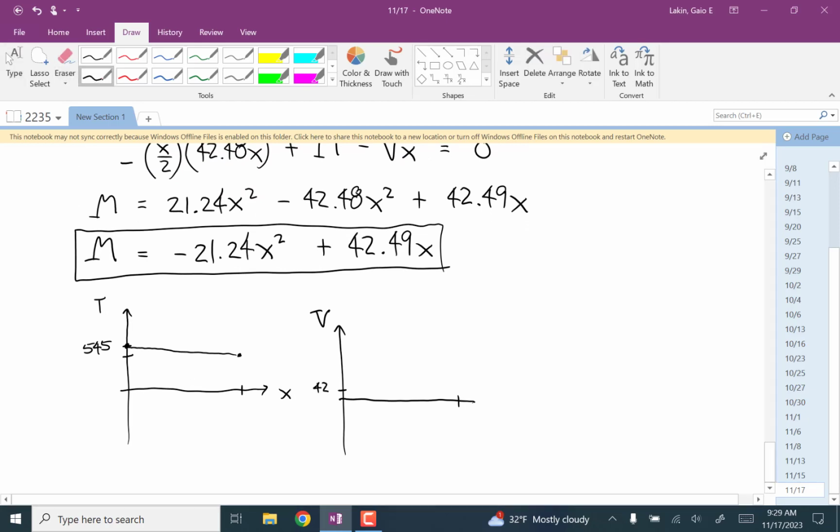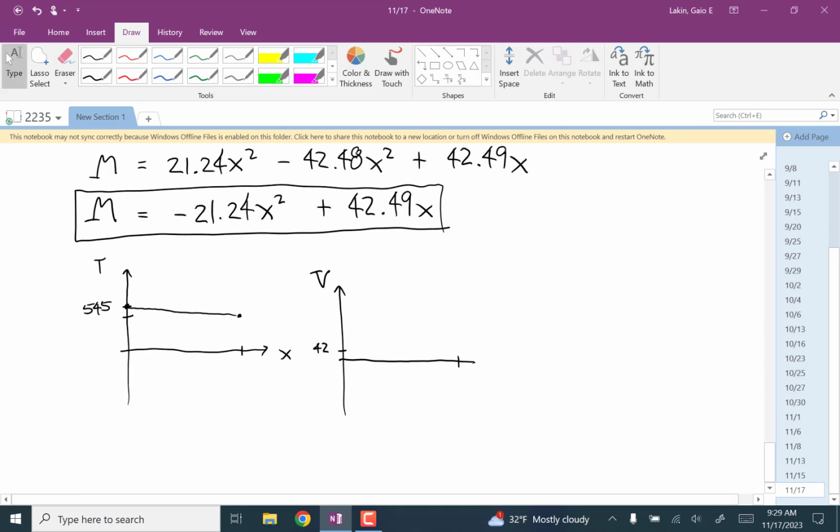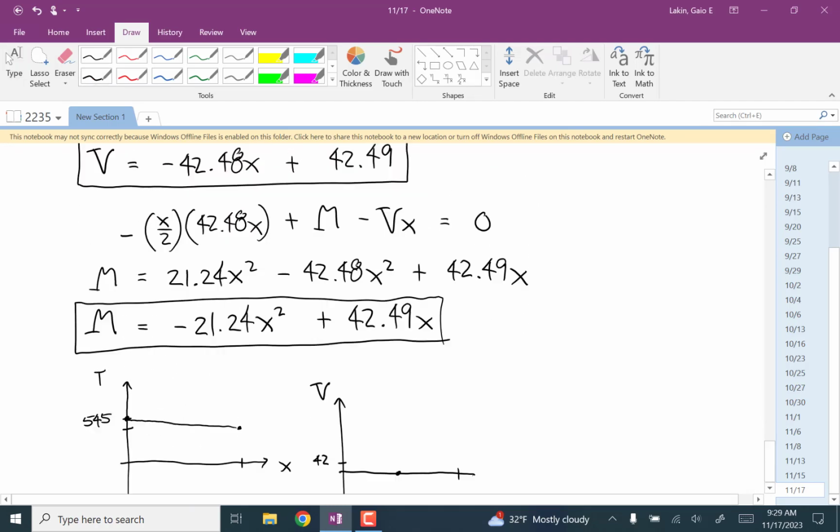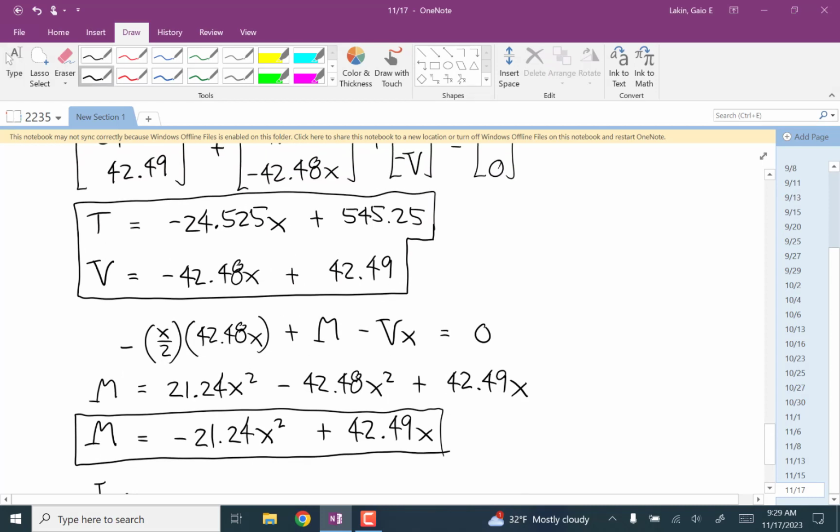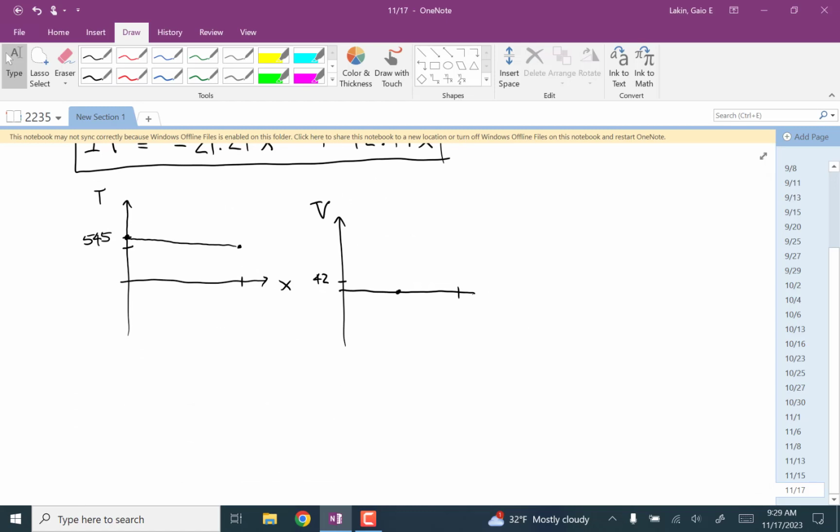And then it crosses 0 at the midpoint, and at the right end point, it's at negative 42.49. So these are really small forces, but you get this little diagonal thing.